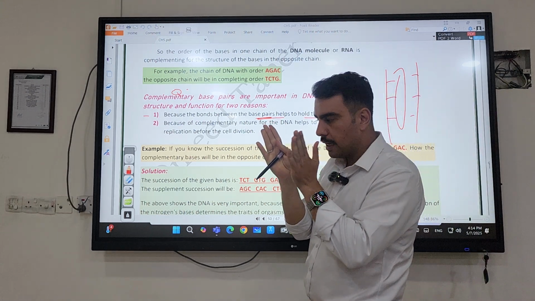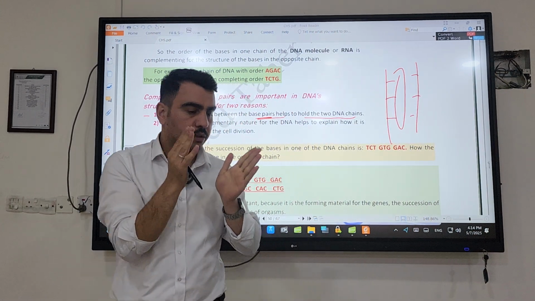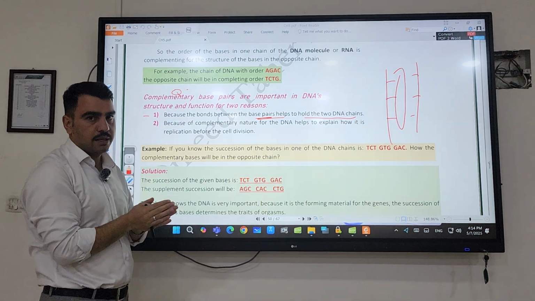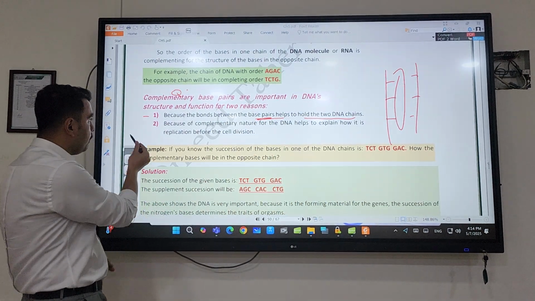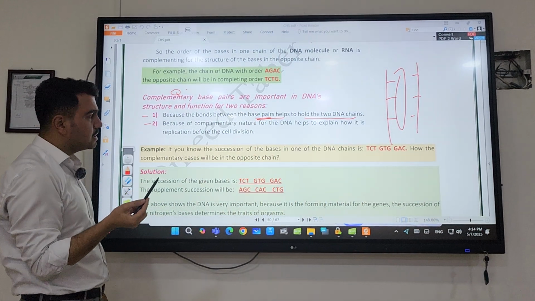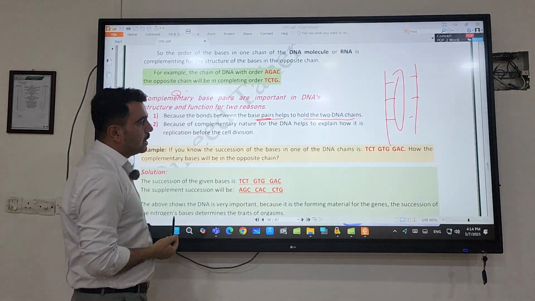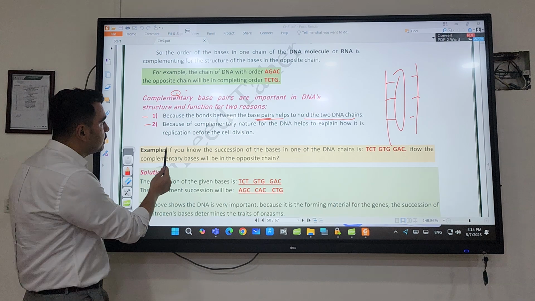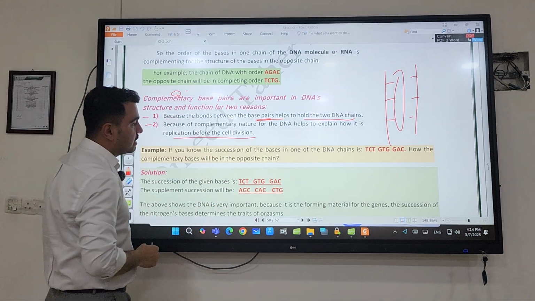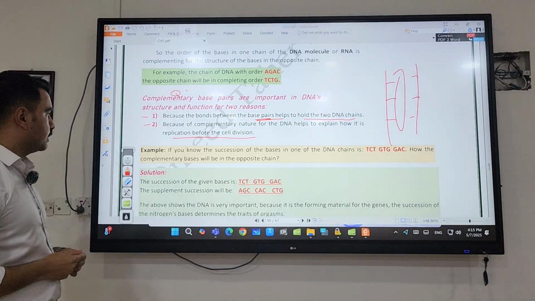They will be separated and won't be stabilized. And the second reason is that the complementary nature of DNA helps to explain its replication before cell division. It's very important.